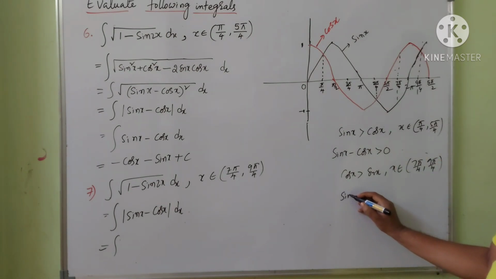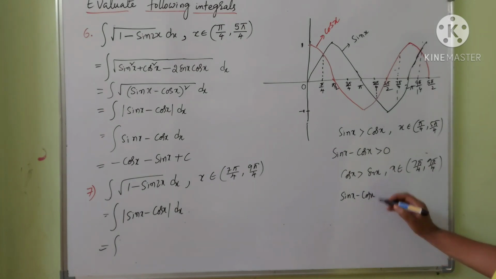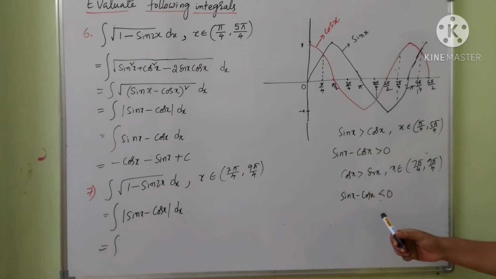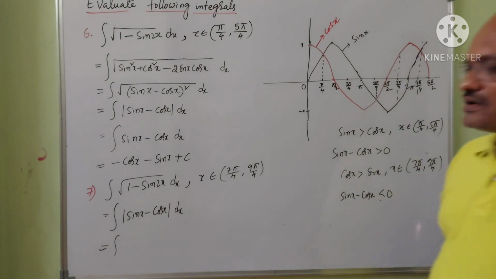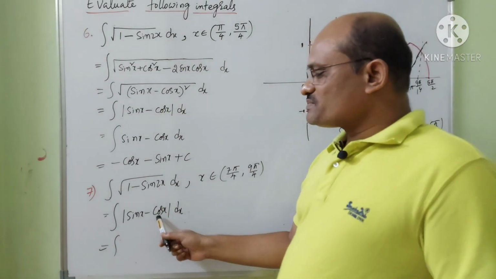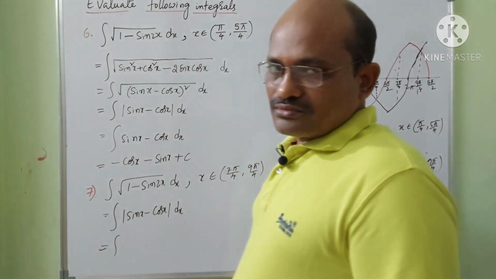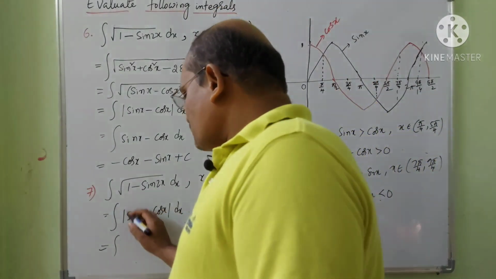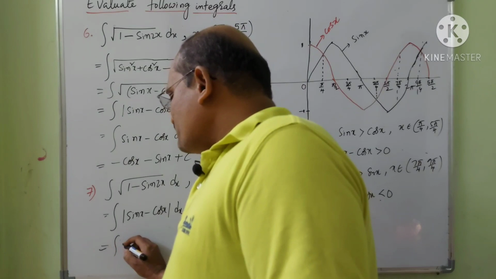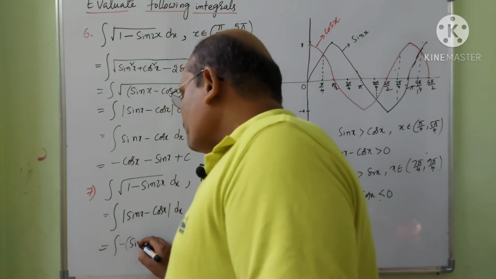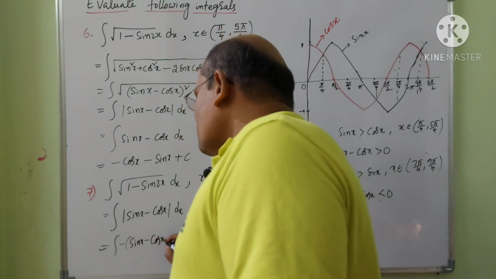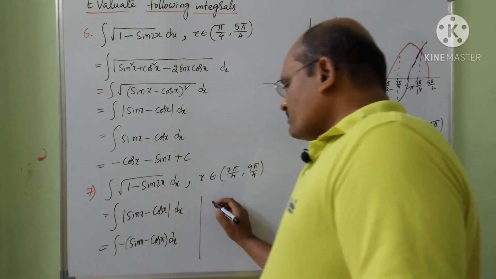If you write everything on one side, sin x minus cos x is less than 0, it is a negative one. So here in this interval, sin x minus cos x is negative. For negative values, mod becomes minus. So it becomes minus of sin x minus cos x dx.